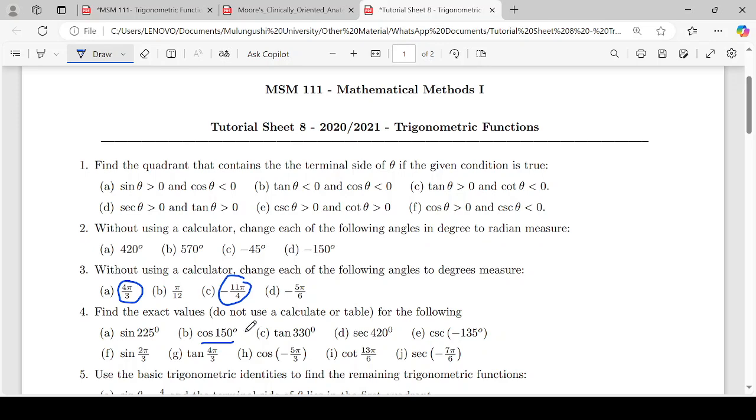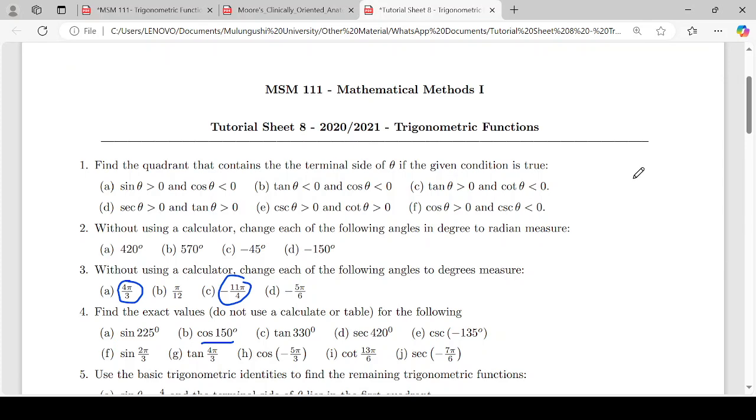So that's cos 150. I've done it for you. And then sine 225. We can quickly do it fast. So for sine 225, you have to know where 225 falls in the quadrants. When we start going, that's 90, 180.